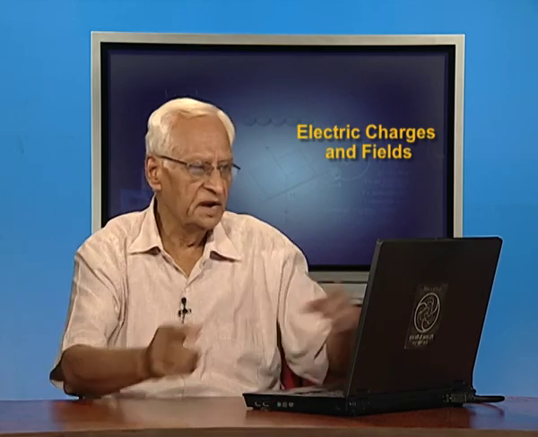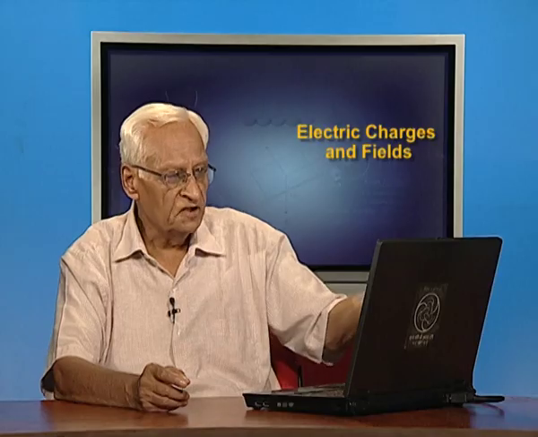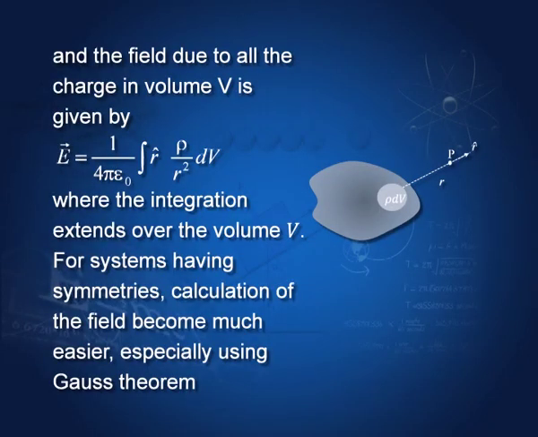Now, we can integrate this over the whole volume, and we get the intensity due to a continuous distribution of charges. If rho is uniform, then rho can be taken out and we can integrate over the volume.